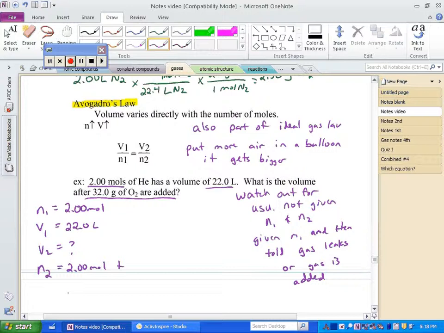So 32 grams of oxygen. How many moles of oxygen? Well, 1 mole of oxygen, grams of oxygen on the bottom from the periodic table, and, oh, it is 32, so we're adding 1 mole. So therefore N2 is 3 moles.